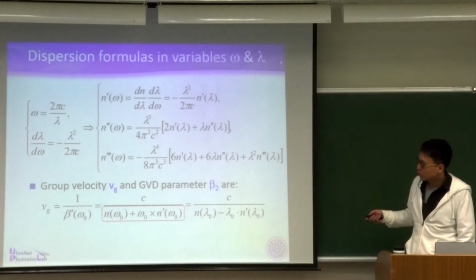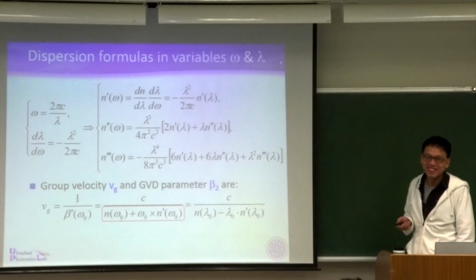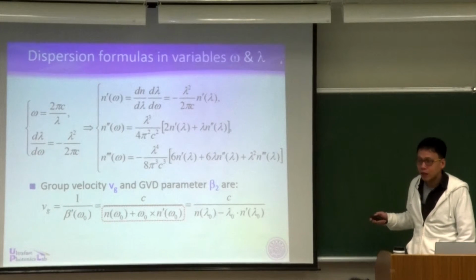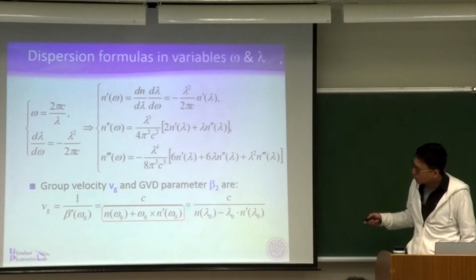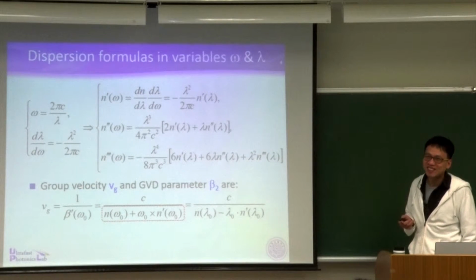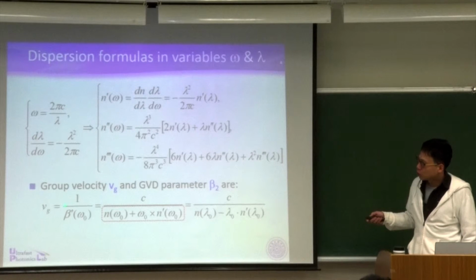Let me ask you, what is this? Forget about the mathematical derivation. Say this is true. Then what is the meaning of the denominator? Group velocity Vg equals light speed in vacuum c over something.